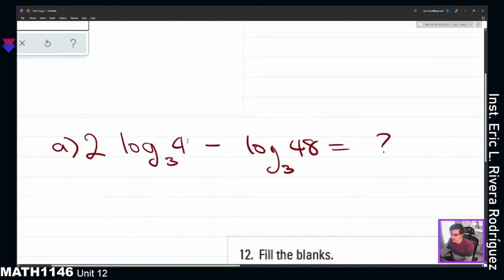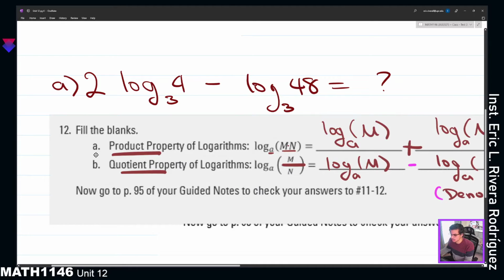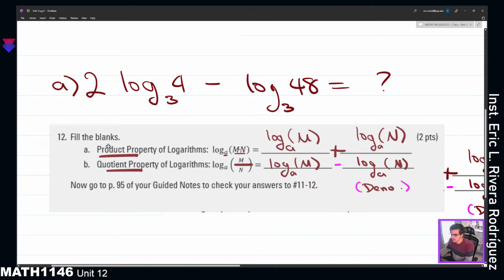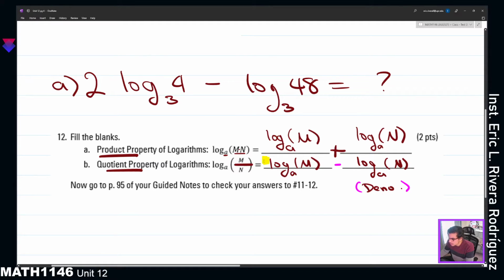The detail here is that you can see that from the quotient property, focus on this side, there's nothing there. So there is no factor in front of the logarithmic function. The problem here is that the first term has a factor of 2 that is being multiplied by that logarithmic function.